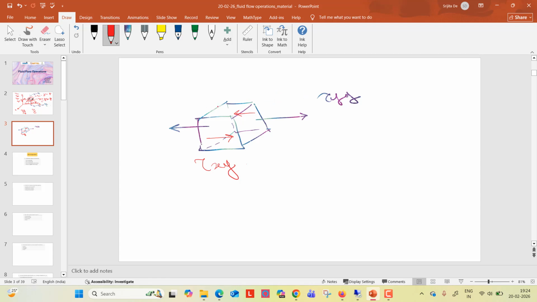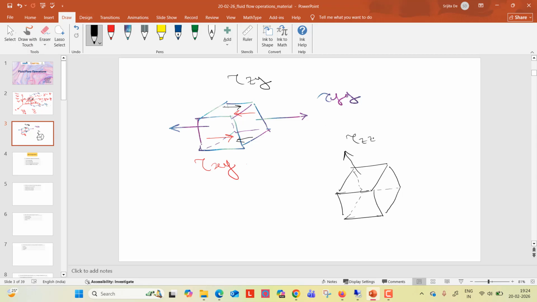Tau zy will be, like in the z plane, it will be tau zy, and in the bottom plate this will be tau zy. Similarly for the z components, the last three components: this is tau zz and this is minus tau zz, right?